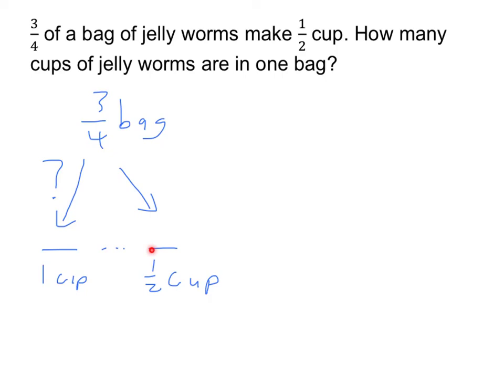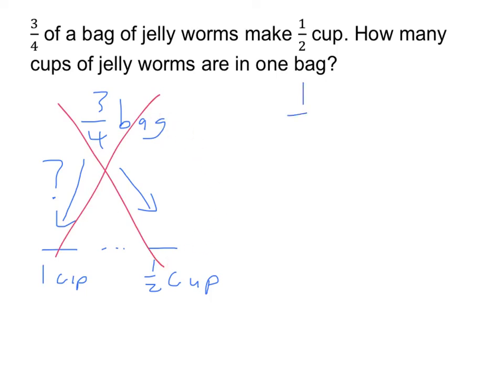But then this picture says how many bags are in one whole cup. Well, the problem is that's not what the problem asks. The problem says how many cups are in one bag. So this picture is making a little more sense, but it's not exactly what we want. And so let's try this. Let's switch these numbers around.